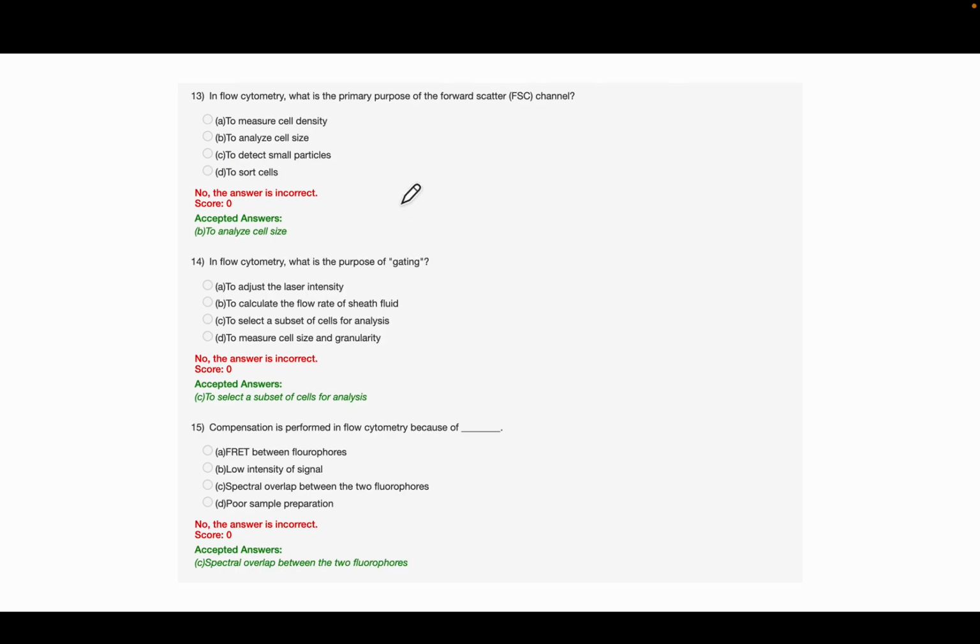In flow cytometry, what is the primary purpose of the forward scatter channel?